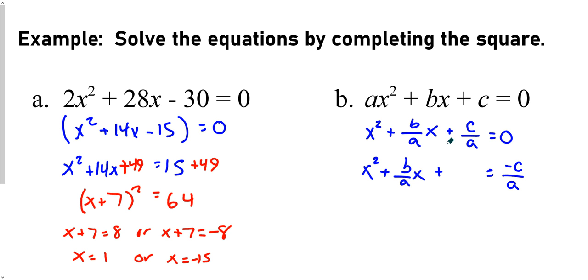So over here, the term that I'm going to add is half of the middle term. And so that's going to be b over 2a because we're going to multiply the denominator by 2. And it's going to be squared, like that.